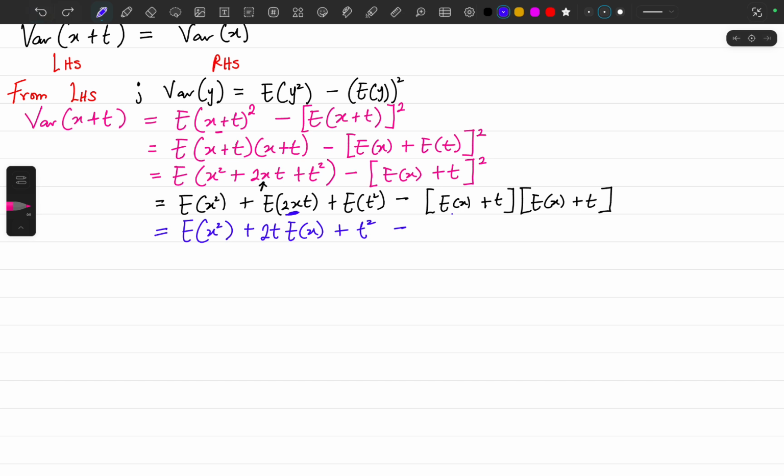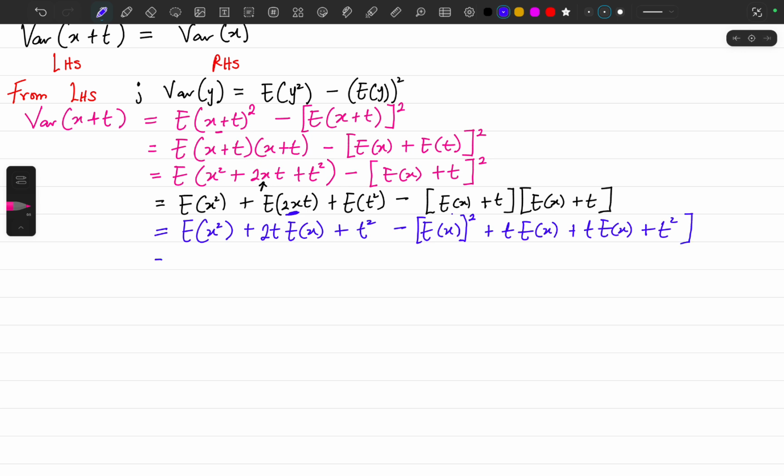So the expected value multiplied by the expected value of that x will give us the expected value of x all squared. That makes some sense. Then we want to get the expected value multiplied by t, so that's going to give us plus t times the expected value, and then we're going to get another t times the expected value, and we'll get the t squared. Okay, so that makes some sense right there.